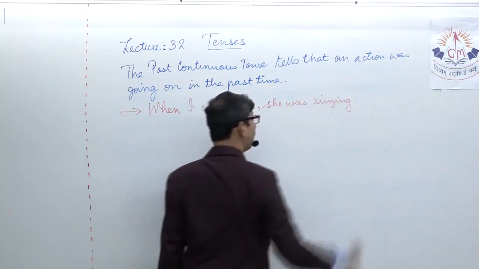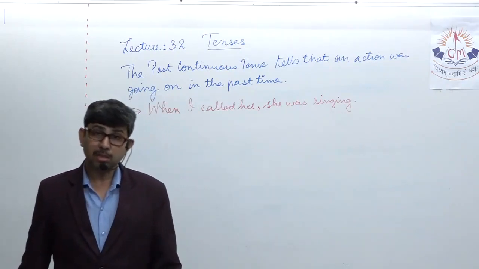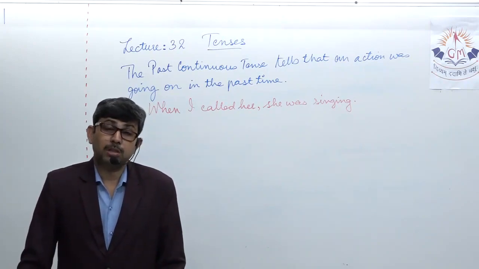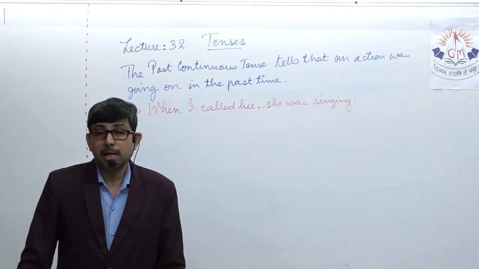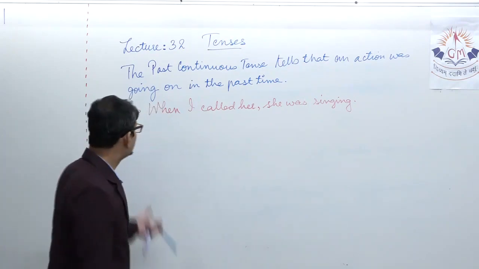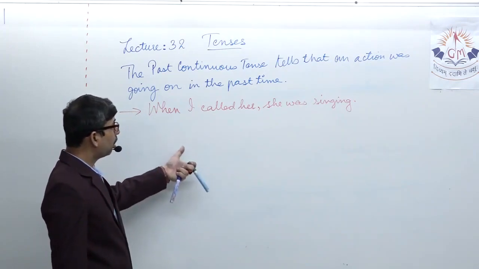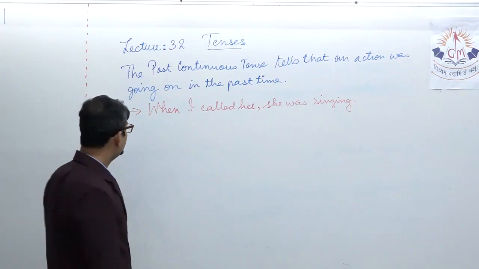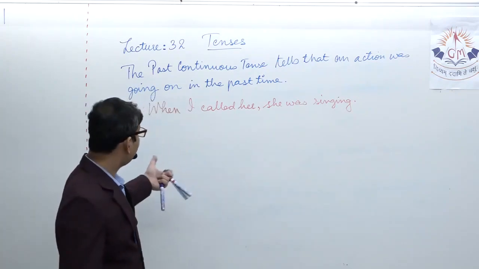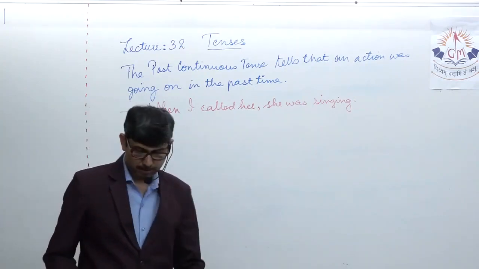So what do you mean to say? Well, you called someone, someone picked up the phone, and you asked for someone, may I speak to? And you got the answer that X person, Y person or Z person was singing at that time. She was busy singing, or you came to know that the singing was going on. So you say, when I called her, she was singing. Clear? So this is how we write a sentence to show the past continuous tense.